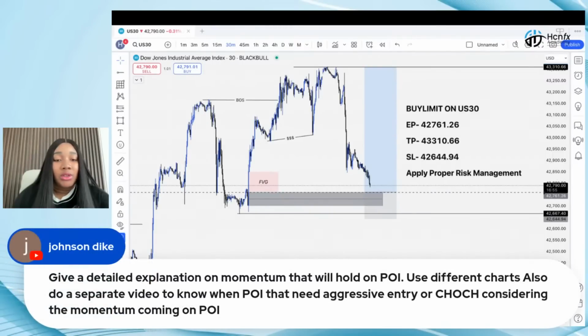Give a detailed explanation on momentum that will hold on POI. Use different charts also to do a separate video to know when a POI needs aggressive entry. Okay, I guess I've explained that while I was explaining characteristics of POI. So Johnson DK, hope you were able to get the answer to your question. And also, like I said, more videos will be dropping on my YouTube.